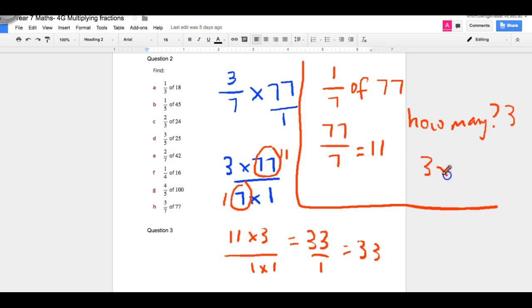So I've got to take 3 times 11, gives you 33. This way is really good, especially when you're working with percentages, because you do the same kind of working out. You work out what one part of it would be, and then you multiply it by how many you wanted. So we wanted 3 parts, so that's why I multiplied it by 3.